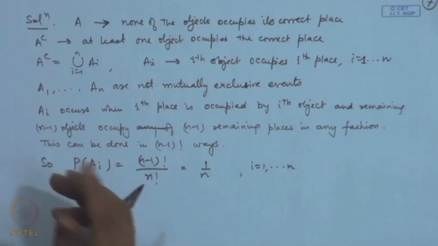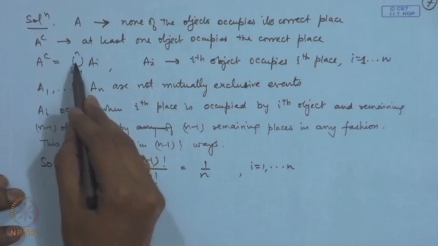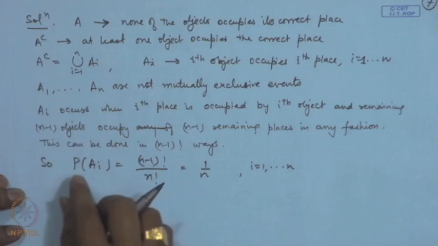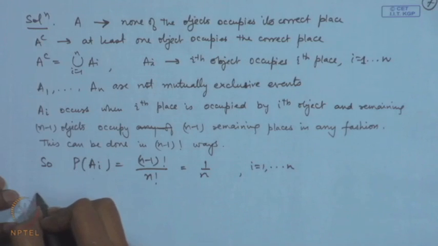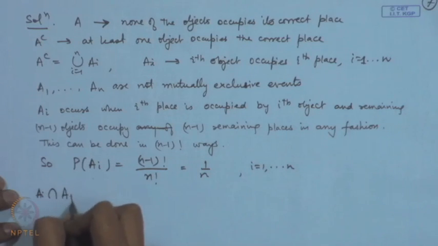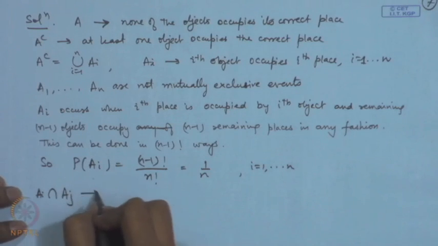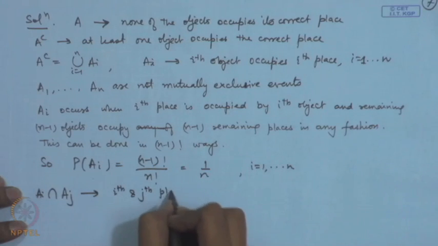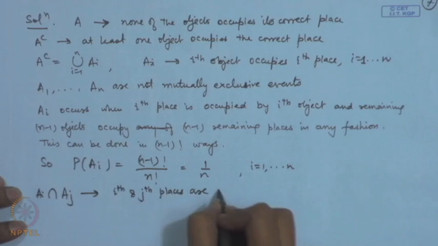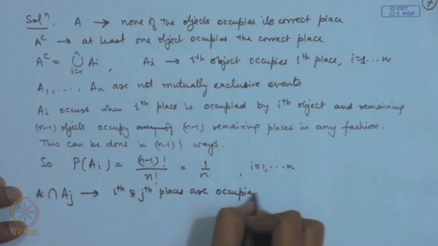Now, if I want to calculate probability of union Ai, then I need probability of Ai's, then I need probability of Ai intersection Aj, I need probability of Ai intersection Aj intersection Ak, and so on. So, now you look at Ai intersection Aj, how this will occur? This means ith and jth places are occupied correctly.